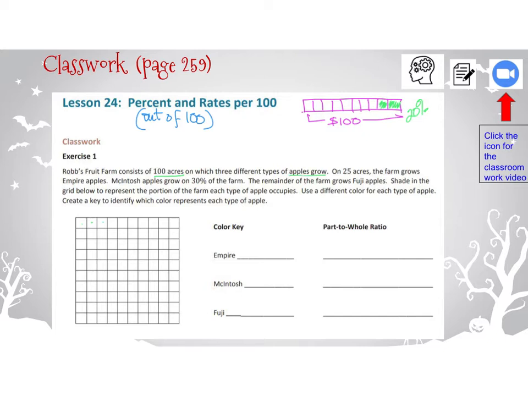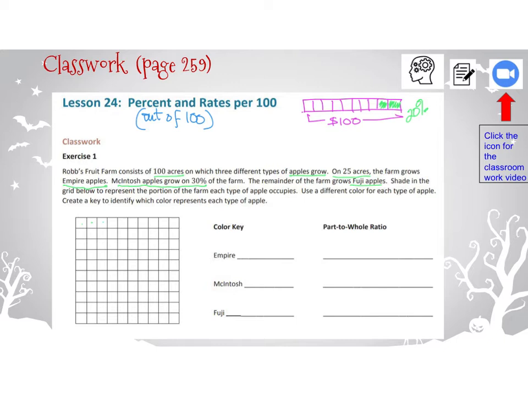That reminds me of Eastern Washington because they have lots of apple orchards. We have apples here too, but anyway, on 25 acres, the farm grows Empire apples, a particular brand. Macintosh apples grow on 30% of the farm, and the remainder, they have Fuji apples. I love apples.